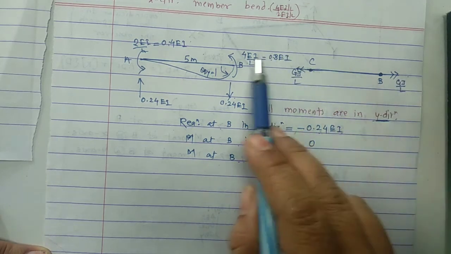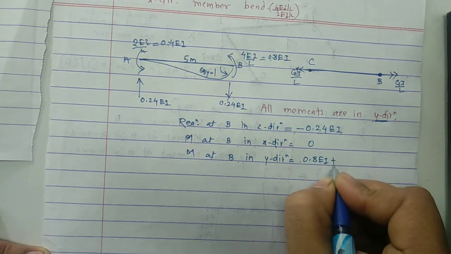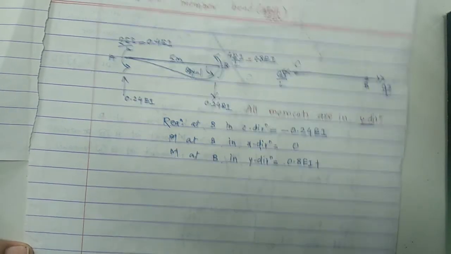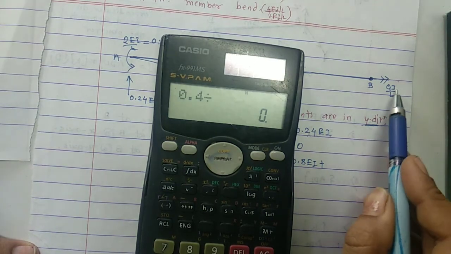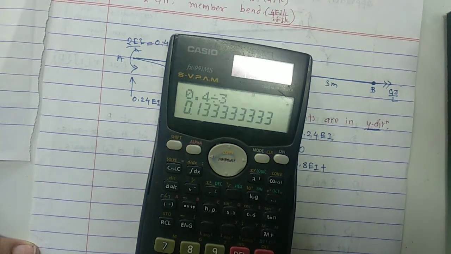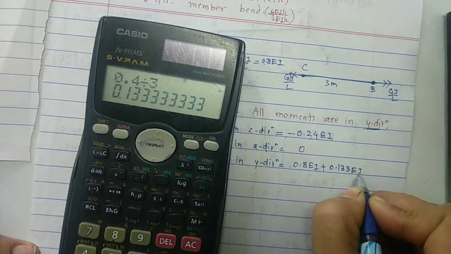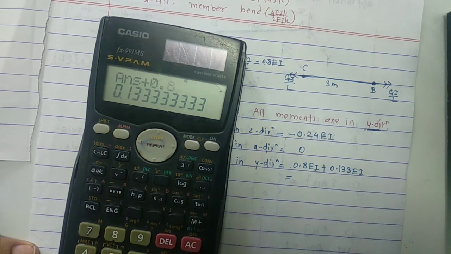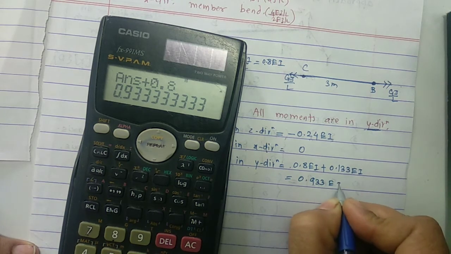So the addition of these two: 0.8 EI plus the quantity we have not calculated, the GJ term, given as 0.4 EI divided by span 3 meter, that is equal to 0.133 EI. So total, that is equal to 0.933 EI.